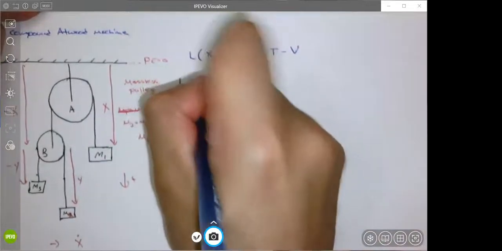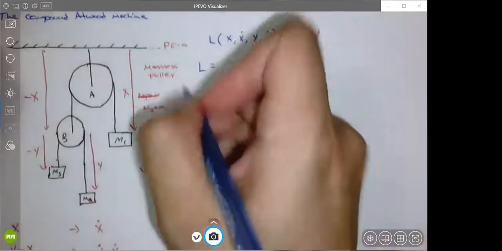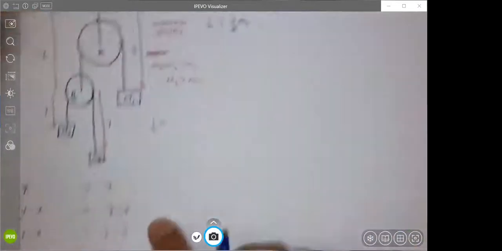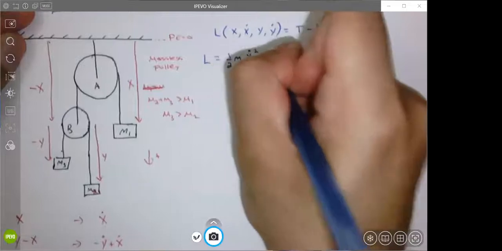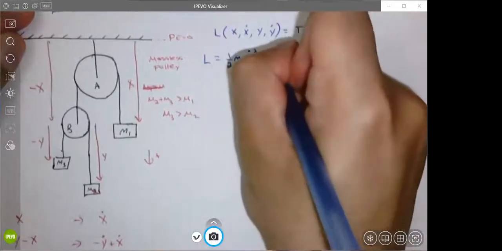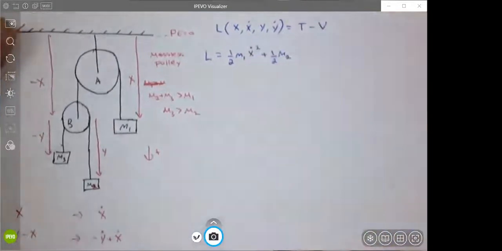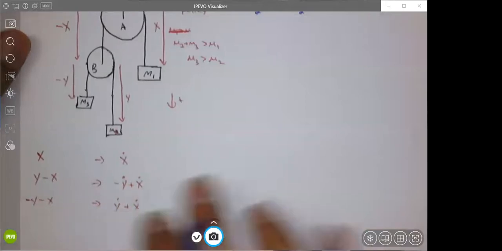So L is going to equal, let's start with the kinetic energies first. It's going to be 1/2 m1, and the first velocity is just x dot squared. The second kinetic energy is going to be 1/2 m2, and over here our velocity is going to be negative y dot plus x dot.